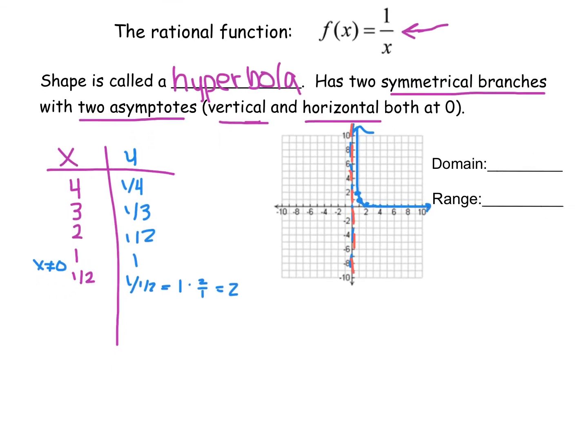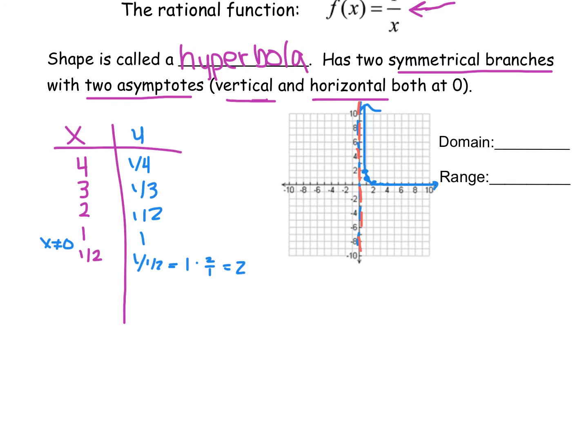Now let's find additional points, focusing on -1, -2, -3, and -4. I end up with -1, -1/2, -1/3, and -1/4. It's the same pattern as before, but occurring in the quadrant that has all negative numbers.